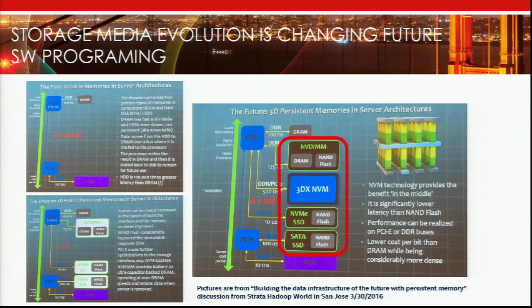And right now, we can see the predicted speeds. This one is 100 nanoseconds, and this one is very close, 125 nanoseconds over here. This connects to the memory bus, the DDR, so it can be quite a lot faster with a speed closer to DRAM, and the capacity is much larger.